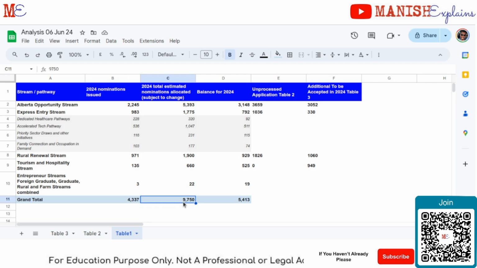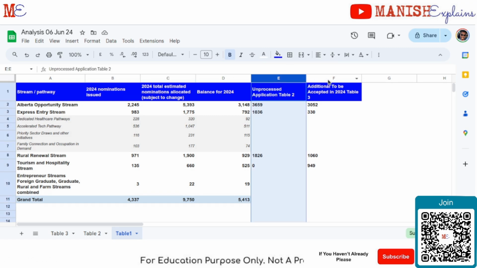For example, if it's getting 30,000 applications, it only issues 9,750, because there are a lot of cases with rejections and withdrawn applications. The number of applications can be significantly higher than the final results. So these two columns are only applications. These are not the results.